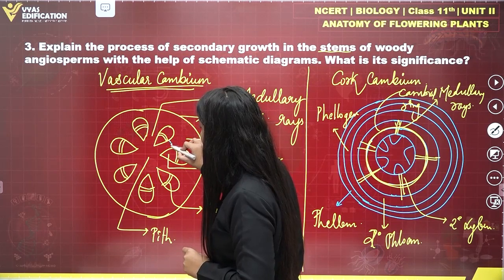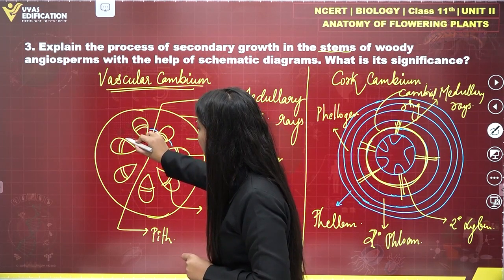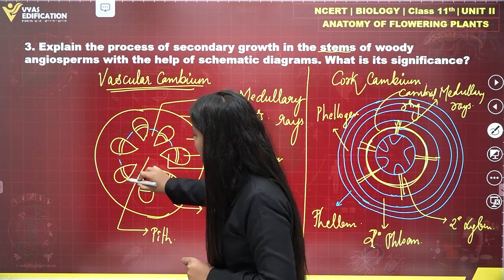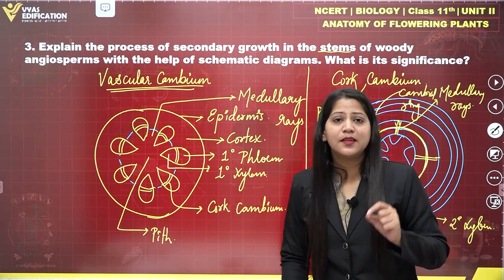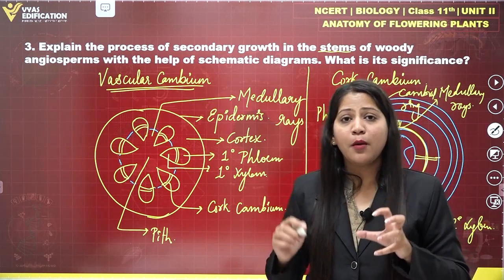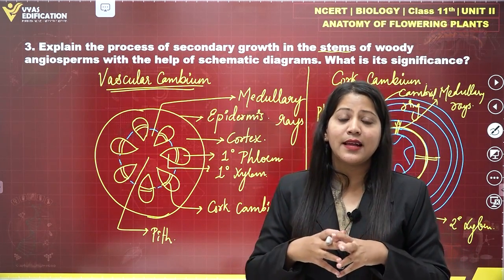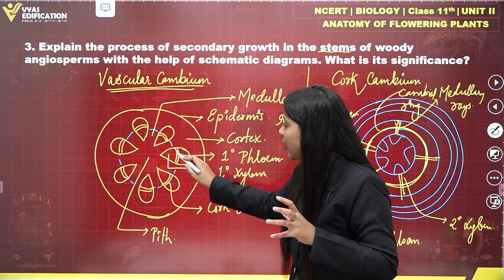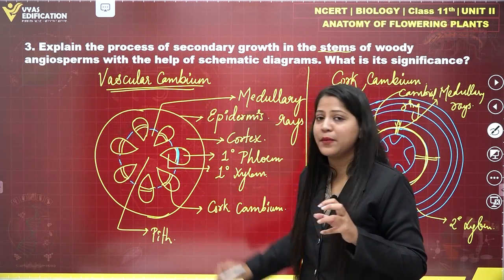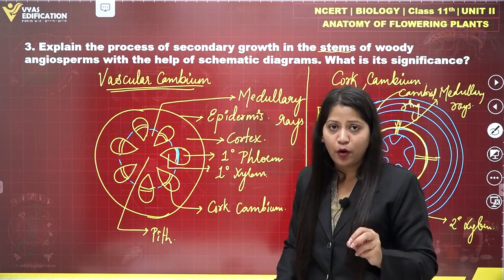So a new strip is going to form like this from the cells of medullary rays, adjoining the intrafascicular strip present between the primary xylem and phloem.